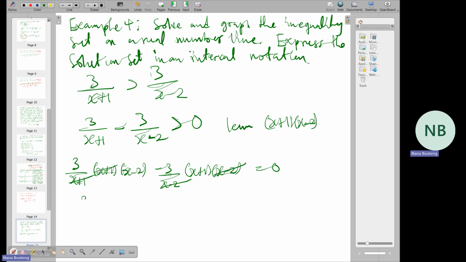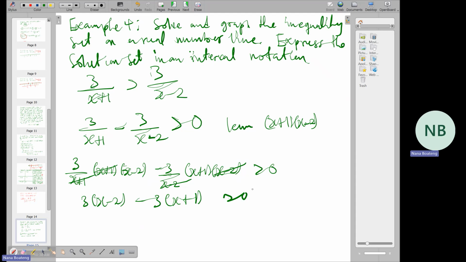So we have 3 times x minus 2 minus 3 times x plus 1. Let me keep the inequality sign here. This is greater than 0.